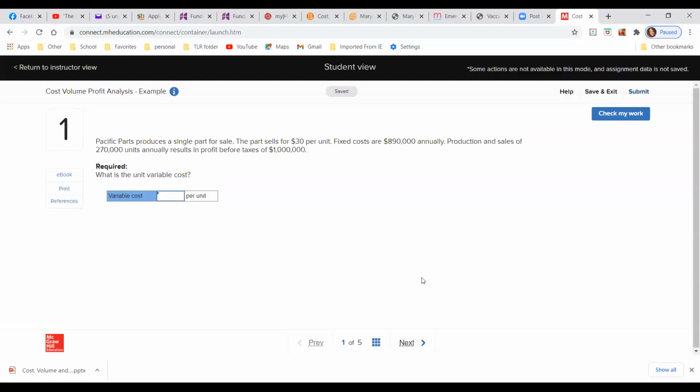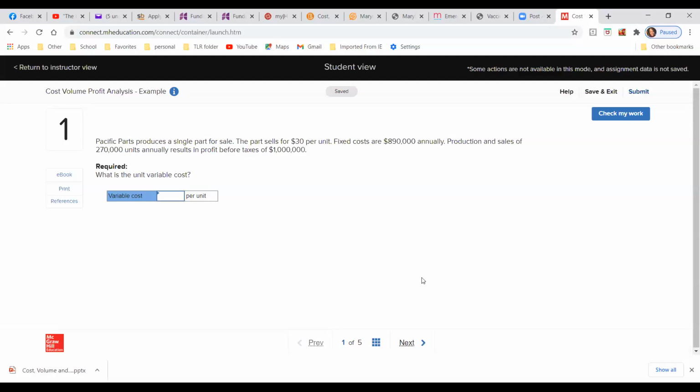Then it says the production and sales is 270,000 units. And then the profit is $1 million. All right. Now, the question is asking, what is their variable cost?